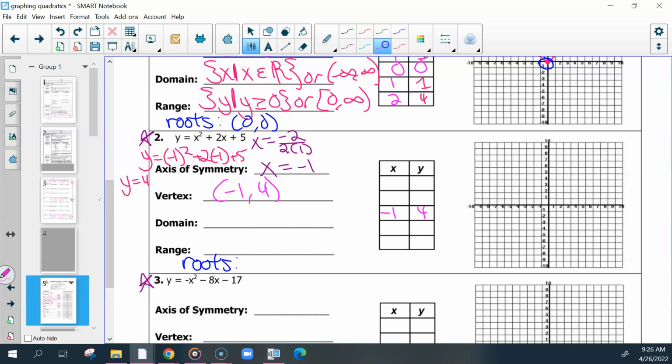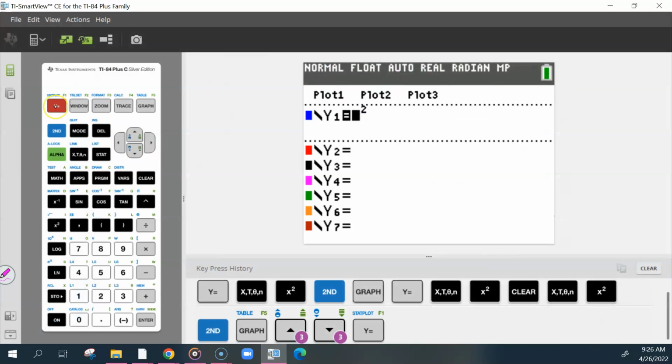So now we're going to put this function in our calculator and the y equals. Plus 2x, what was the last one? That's fine.